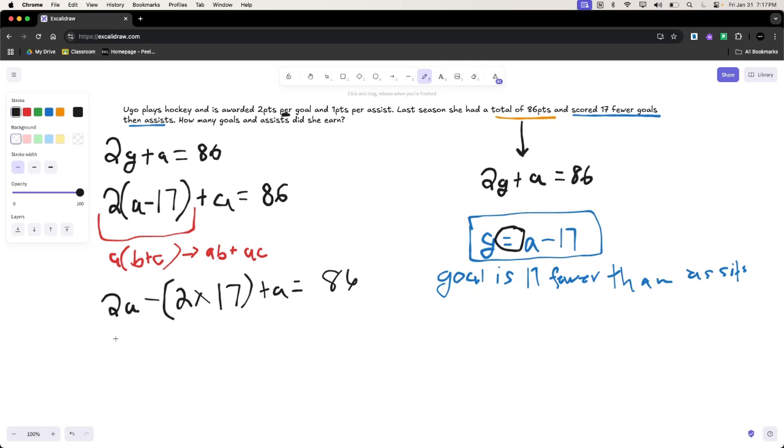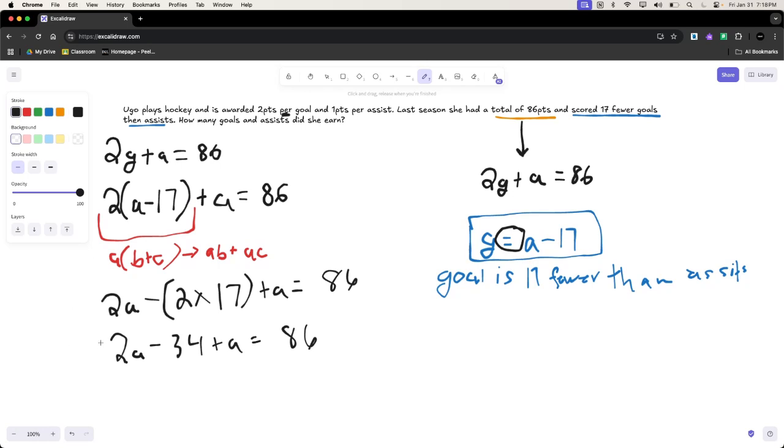So now what we're gonna do is 2A minus, and then we're gonna go ahead and multiply this, which gives us an output of 34, and then we're gonna add A to that, and that's going to equal 86. So now that we have simplified this part of the equation using distributive property, let's go ahead and collect some like terms.